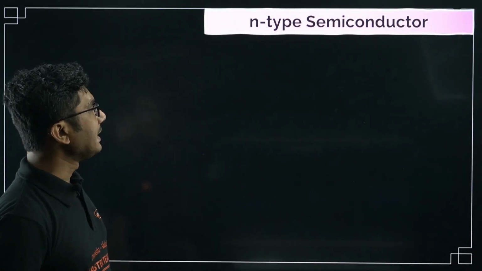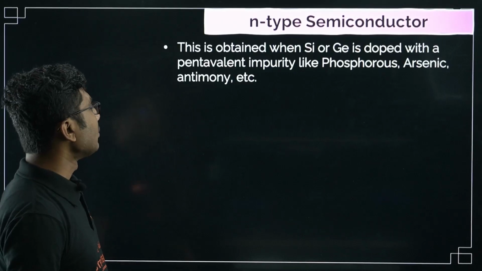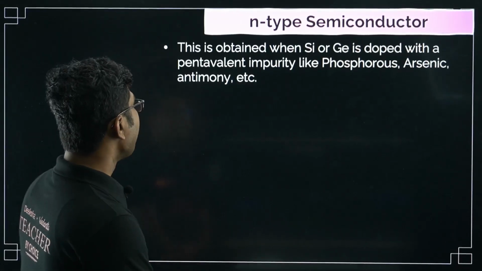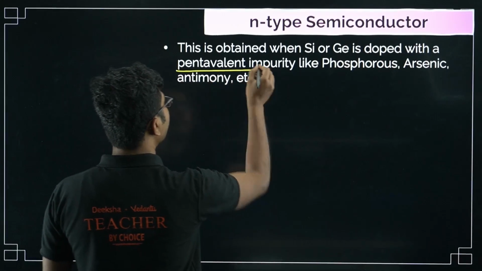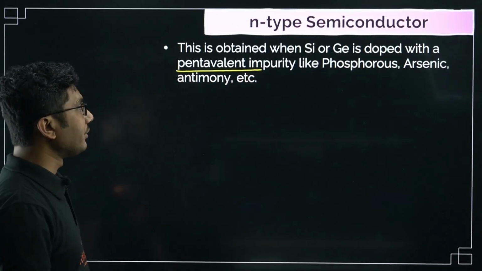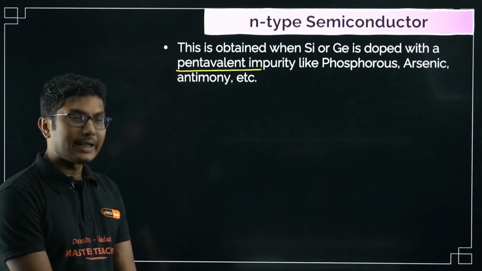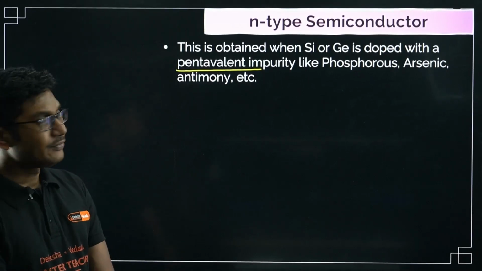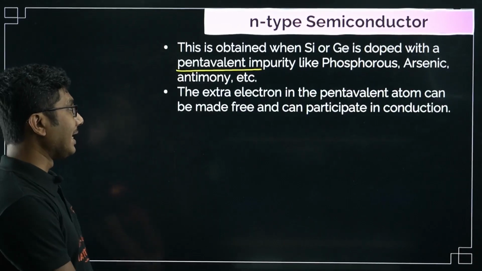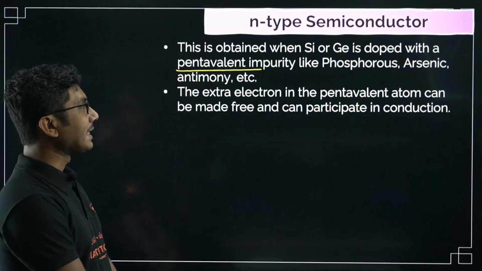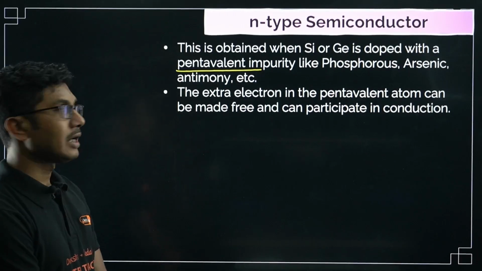Now let's see the N-type semiconductor. This is obtained when silicon or germanium is doped with a pentavalent impurity like phosphorus, arsenic, antimony, etc. The extra electron in the pentavalent atom can be made free and can participate in the conduction.